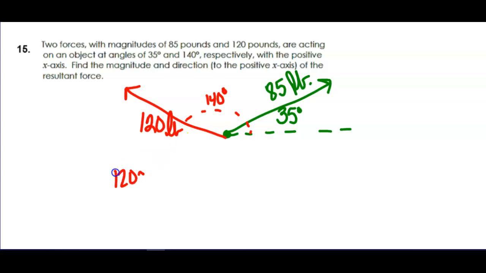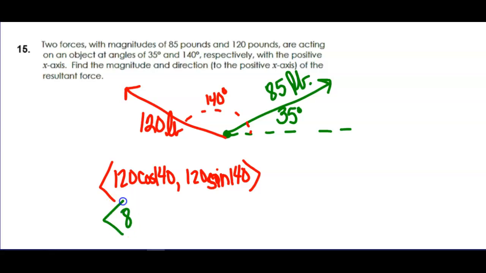All right, so we're going to change these into components. We're going to have 120 cosine of 140 and 120 sine of 140. And we're going to add that to 85 cosine of 35. Make sure you put the degrees in the angles, not in front.